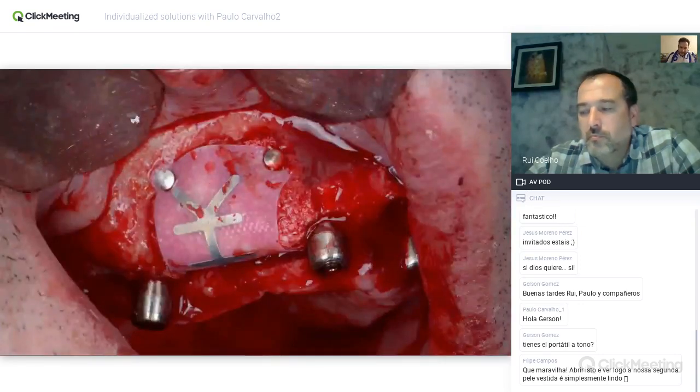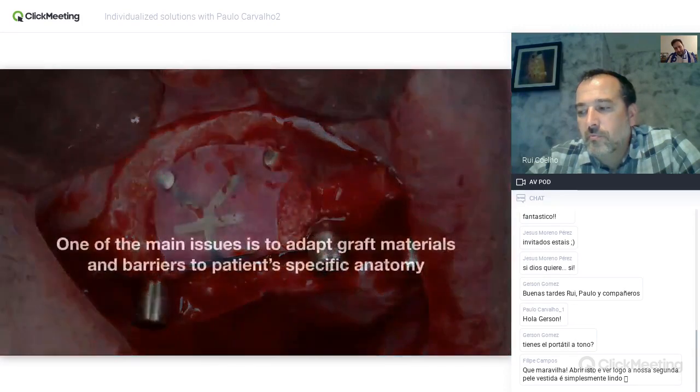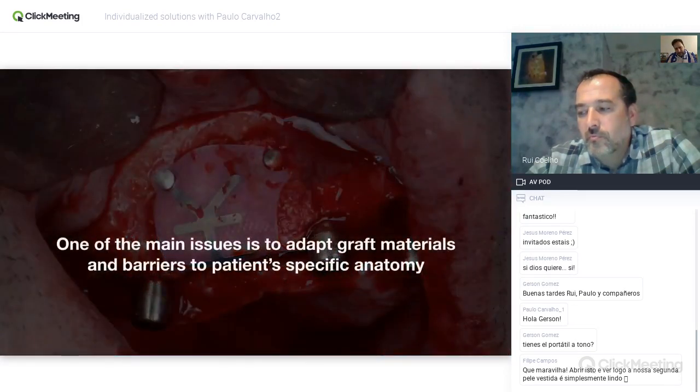So what the most difficulties that I was having in bone regeneration was the difficulty to adapt graft materials and barriers to the patient's specific anatomy. Sometimes I was having difficulties in cutting the membranes. I could end up with a too large membrane for the defect, or a too small membrane for the defect.